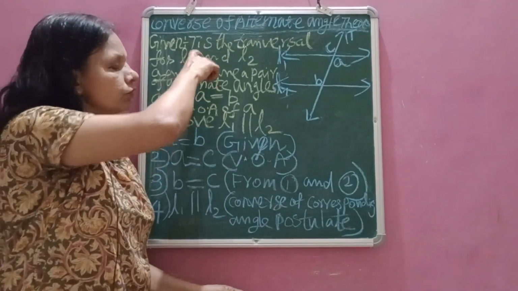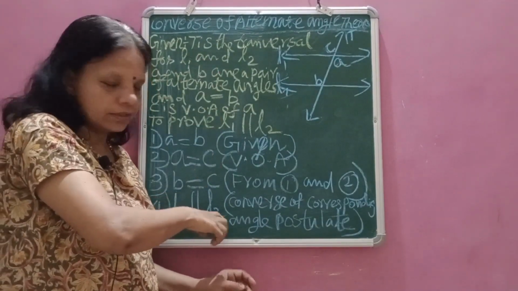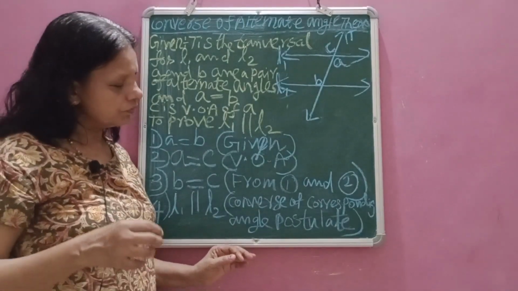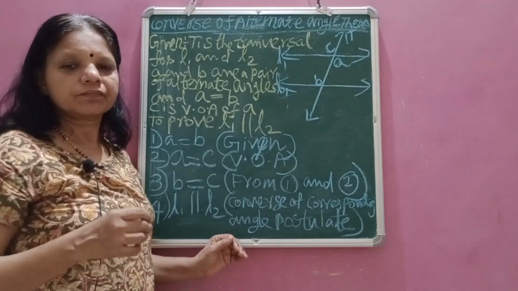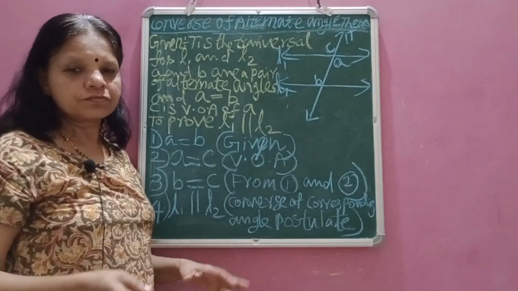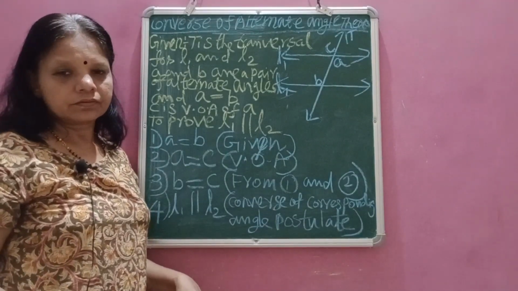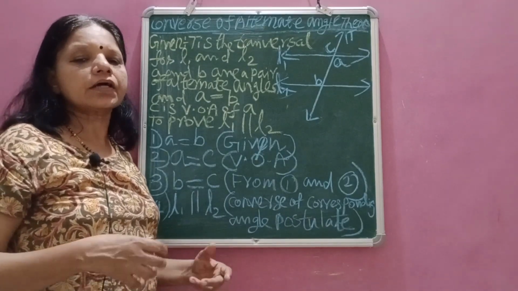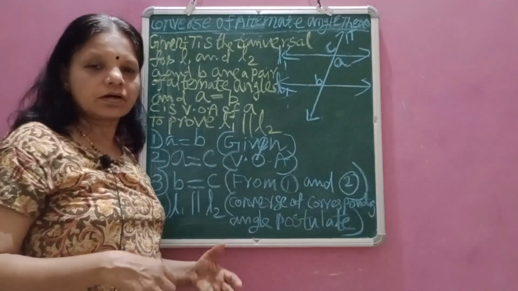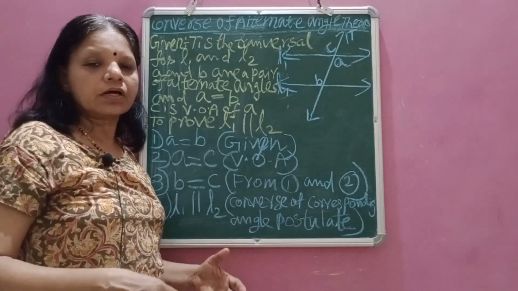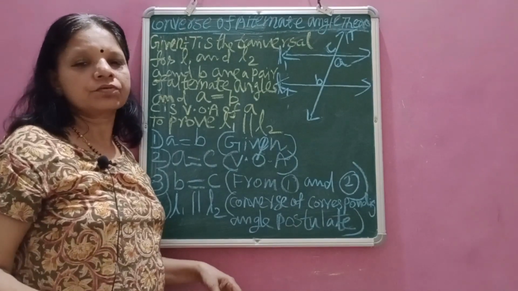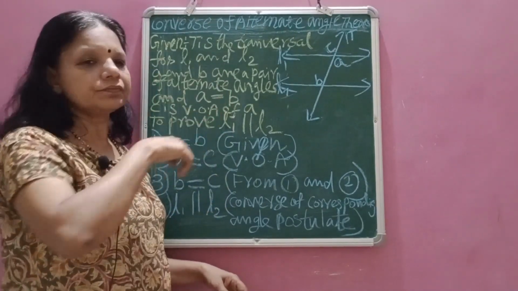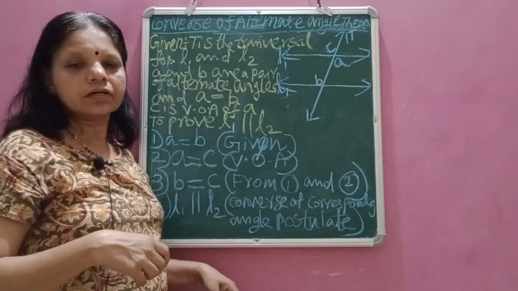Clear? That is what we had to prove. The last statement you got, L1 is parallel to L2. What is the reason? Converse of the corresponding angle postulate. Clear? So remember, the corresponding angle theorem and its converse should be considered as postulates. So this is the proof of the converse of the alternate angle theorem.